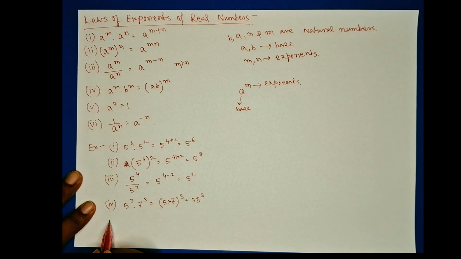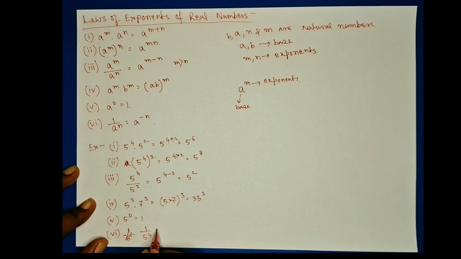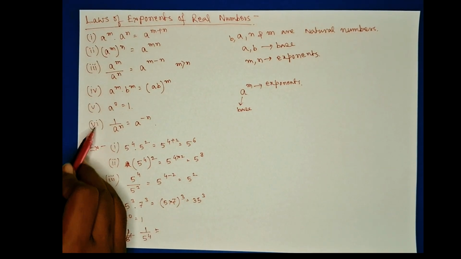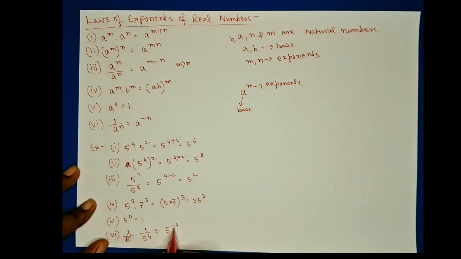And the fifth one, if I write 5 to the power 0, this will be equal to 1. And now the sixth one, if I want to write 1 by 5 to the power 4, as per this law it can be written as 5 to the power minus 4.